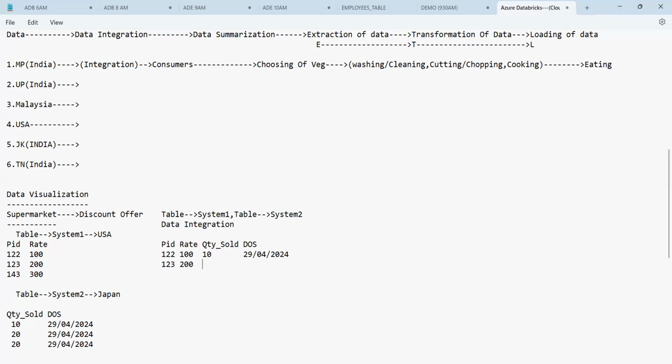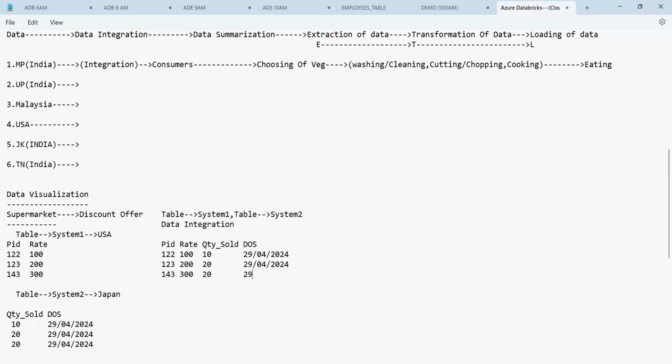Then 200, 20, 29/04/2024. Then 300, rate is 300, and then you have 20.